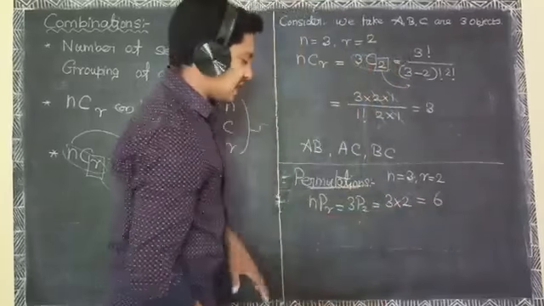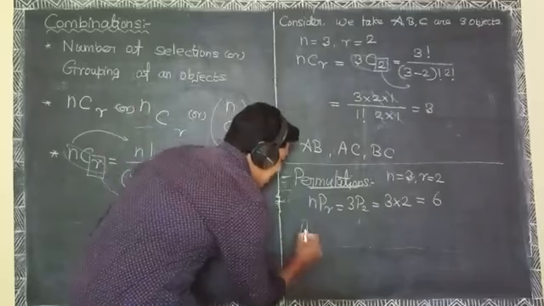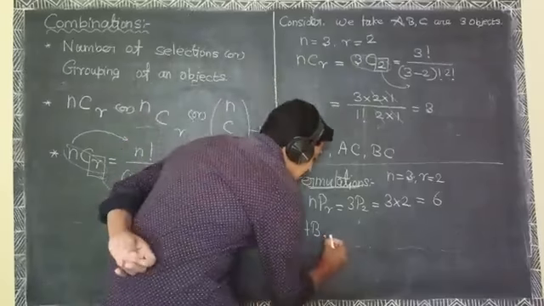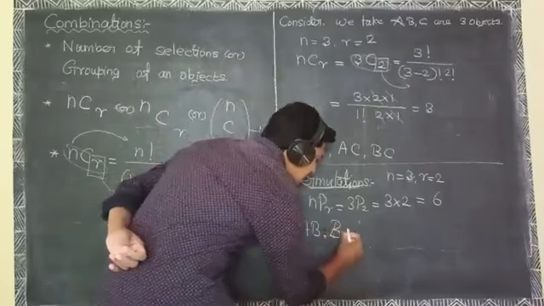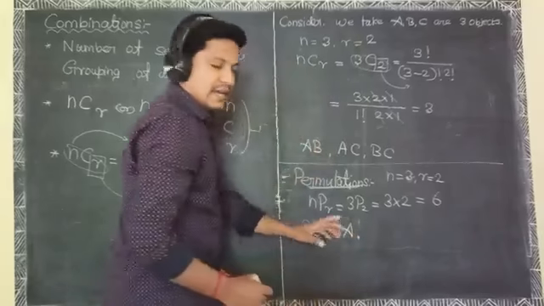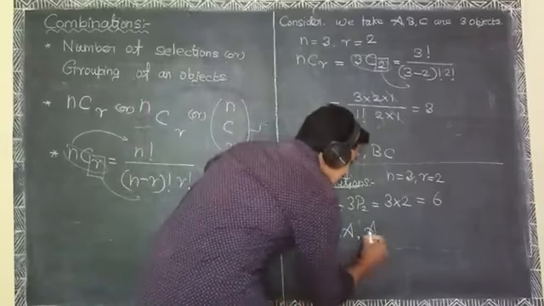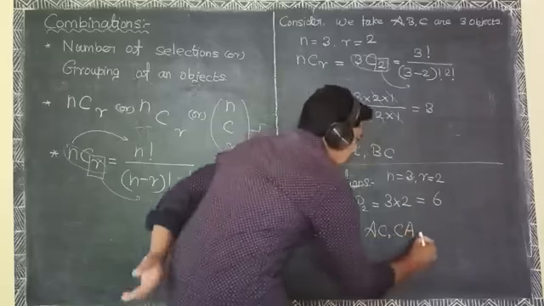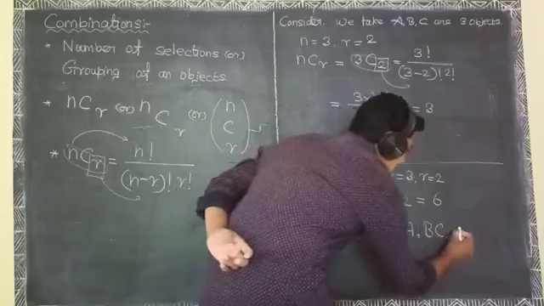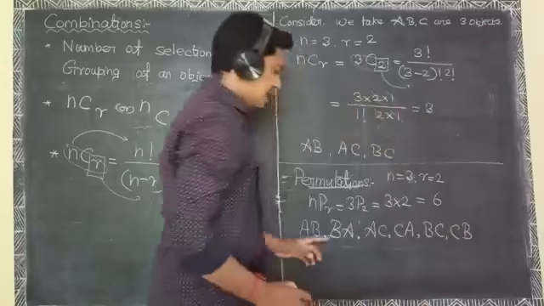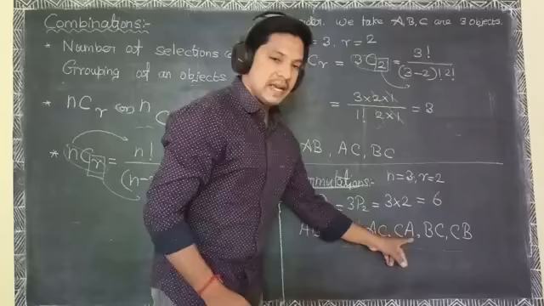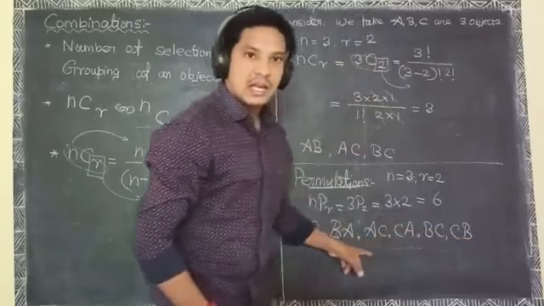The 6 ways are: a b is one way, and another one is b a, then a c, c a, next b c, c b. A B, B A, A C, C A, B C, C B are the arrangements.